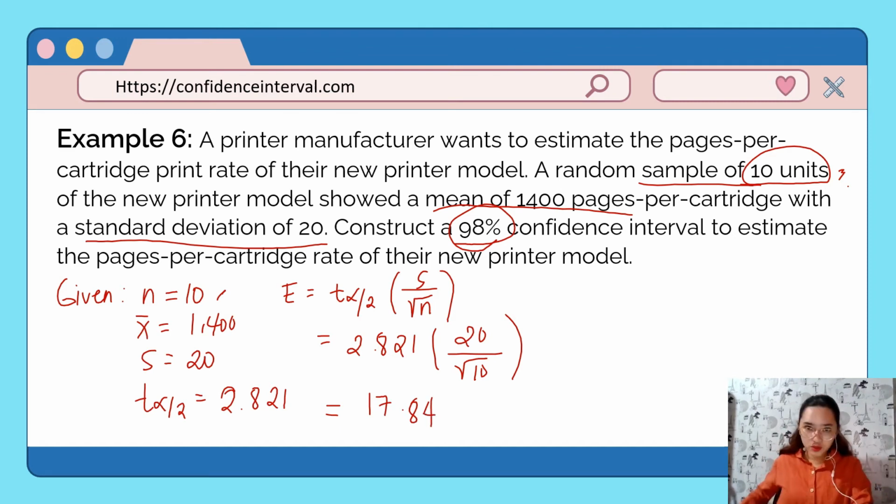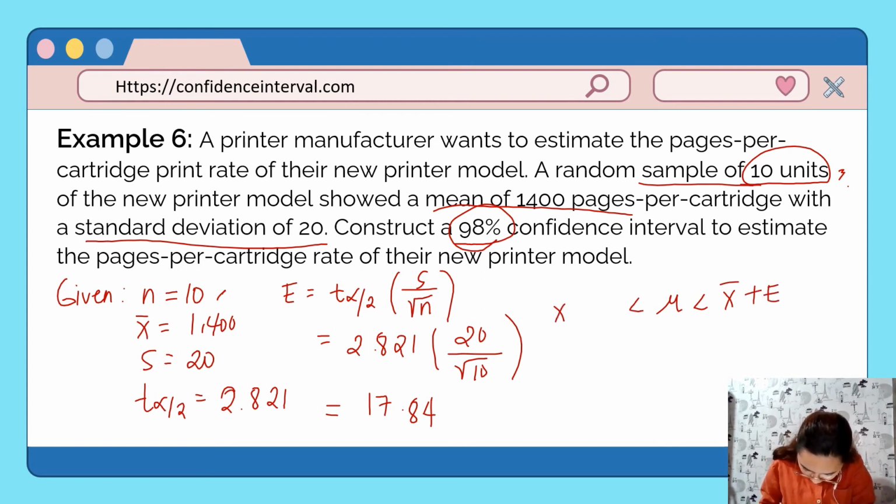Ayan. To construct our 98% confidence interval, we have the upper limit, mean plus the margin of error, and the lower limit, the mean minus the margin of error. Ano po yung ating upper limit?